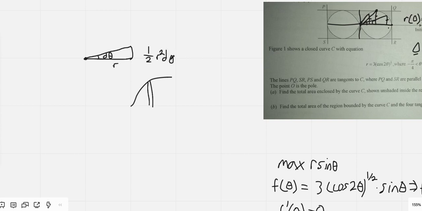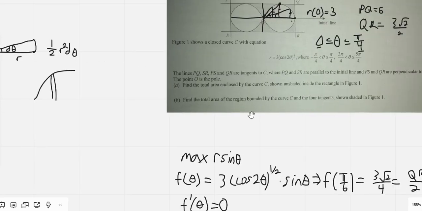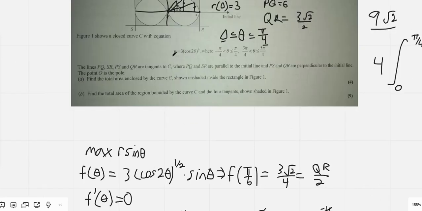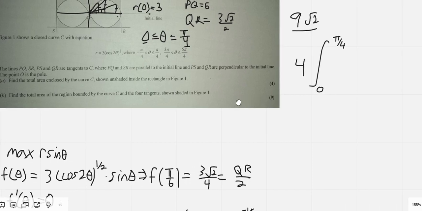That's the area of a small circular arc with angle d theta and radius r. So obviously r has to be a function of theta for this integration to work. And of course we do have that r is a function of theta.